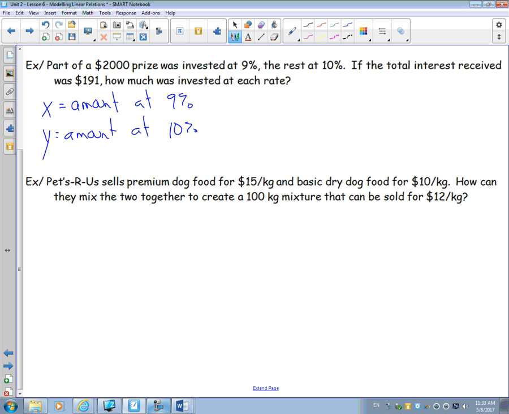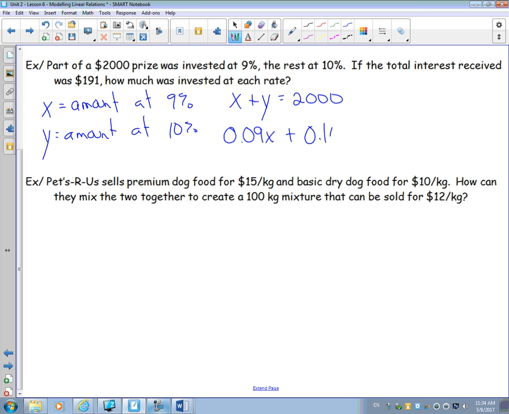If I'm talking about the $2,000 and I've got some going in at 9% and some going in at 10%, that tells me that together they have to make up that $2,000. There's my equation. I also know that I earn 9% for every bit I put in. Well, 9% as a decimal is 0.09 for every dollar I put in, plus I earned some at 10%.